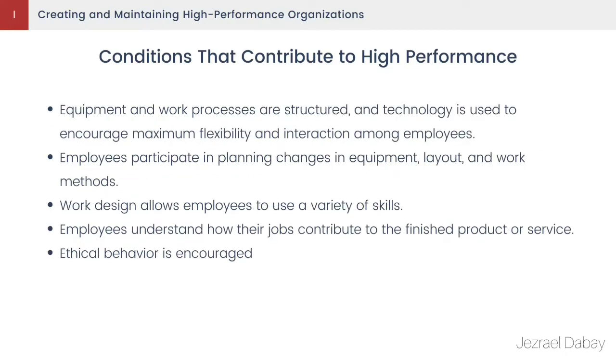Equipment and work processes are structured, and technology is used to encourage maximum flexibility and interaction among employees. Employees participate in planning changes in equipment, layout, and work methods. Work design allows employees to use a variety of skills. Employees understand how their jobs contribute to the finished product or service. Lastly, ethical behavior is encouraged.